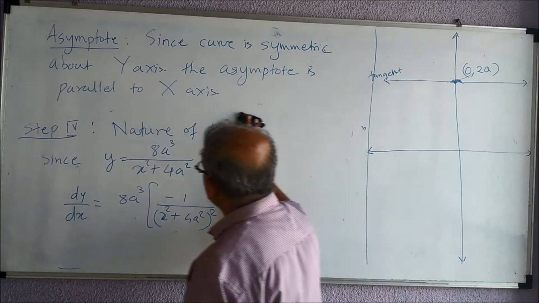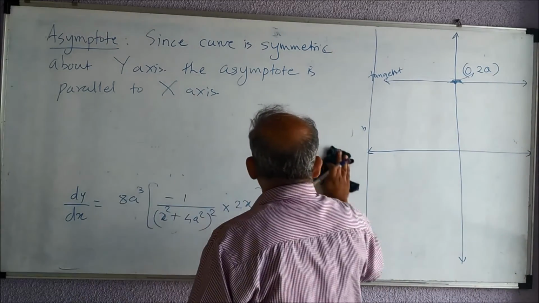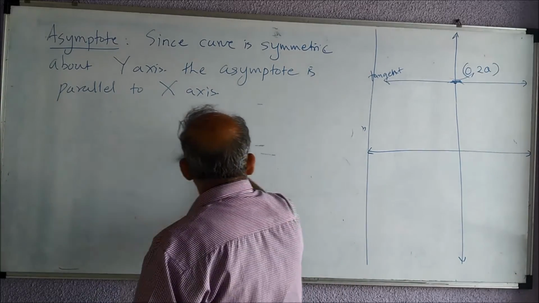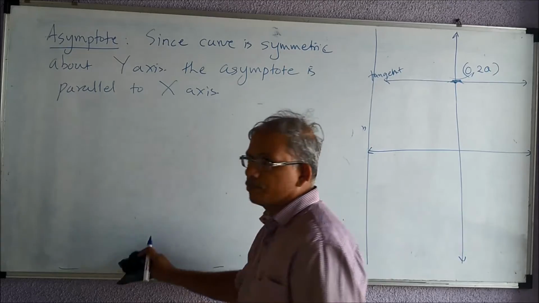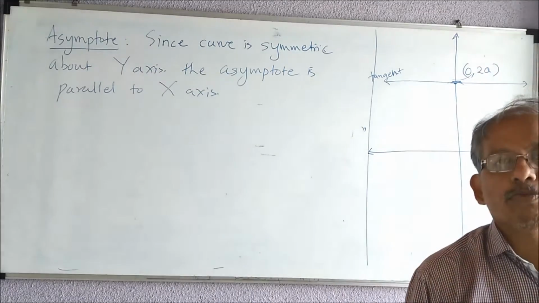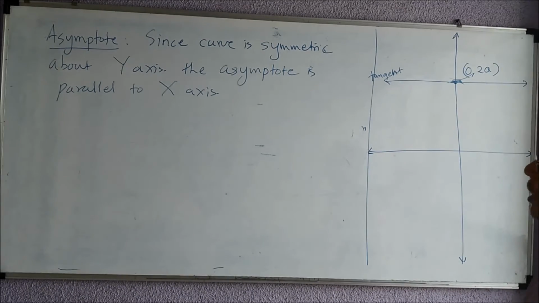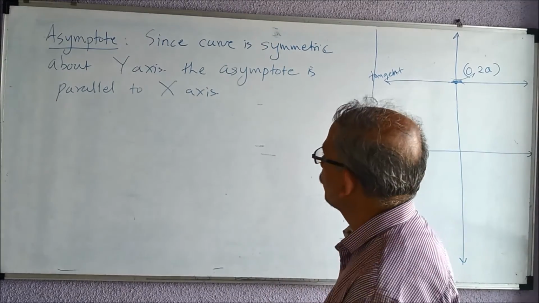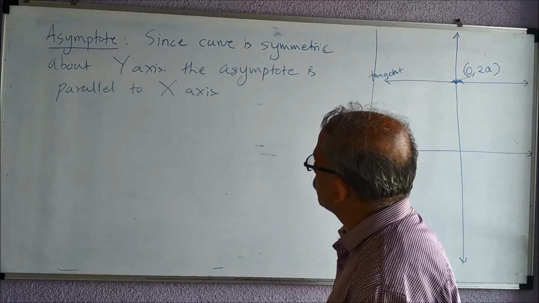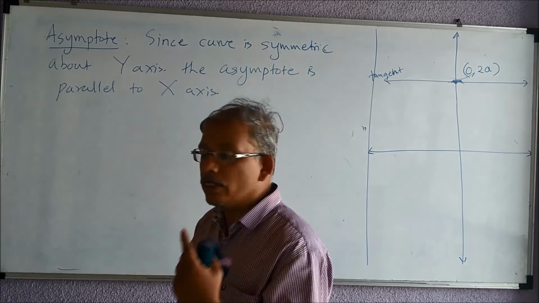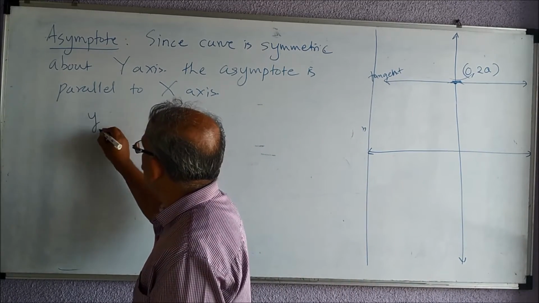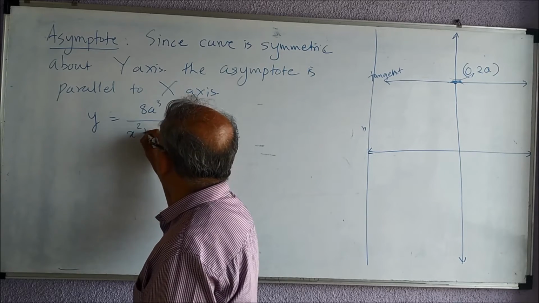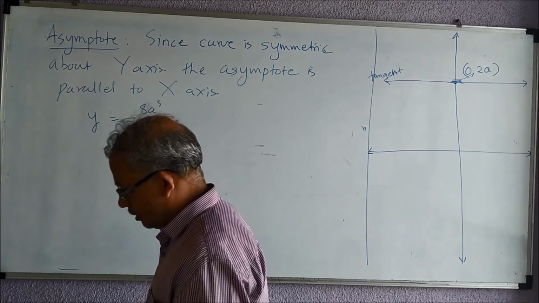So to find this asymptote, what we will do is equate the coefficient of the highest degree term in x to 0. Let us go back to the equation. The equation is y equal to 8a cube by x square plus 4a square.